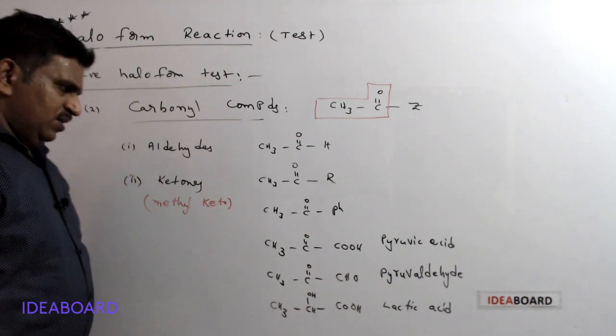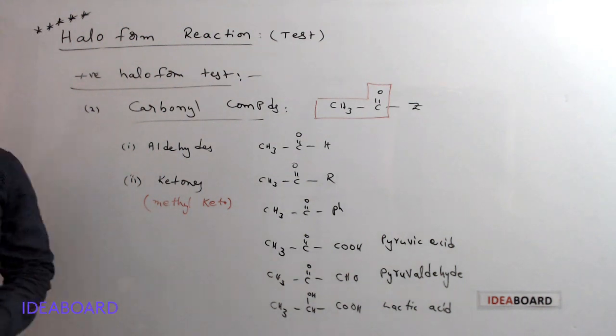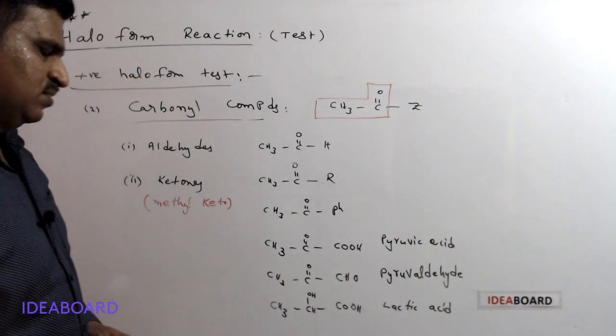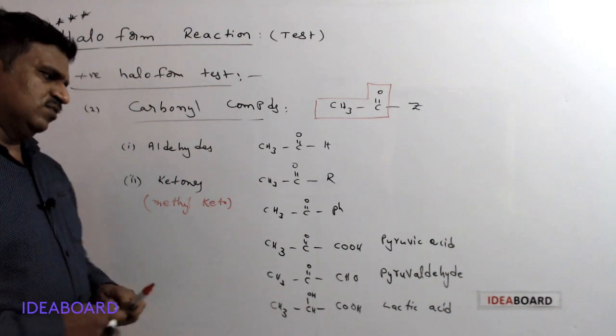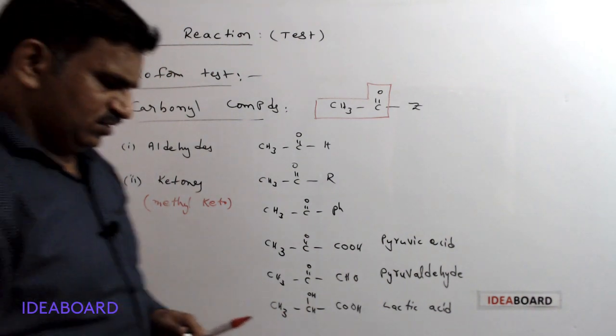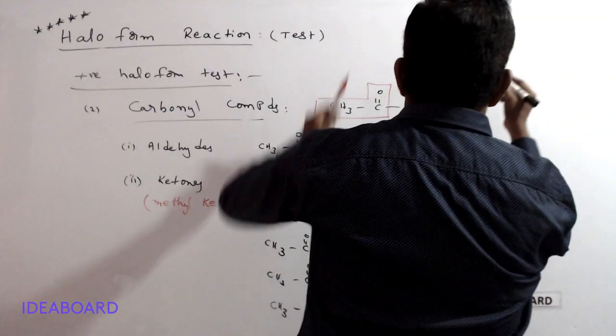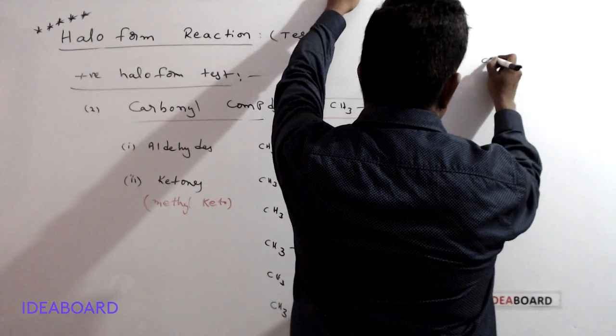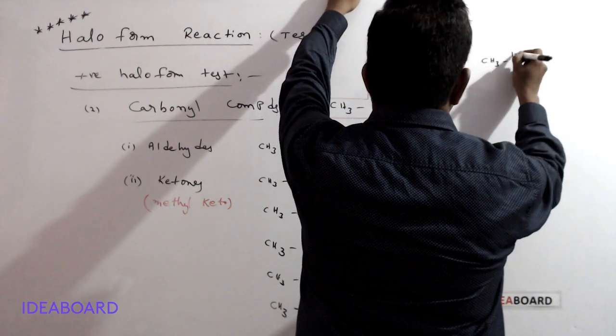Okay. And sometimes they ask which doesn't give the haloform test. Other than these compounds, they will not give the haloform test. And one more important one which doesn't give the haloform test is CH3CO.